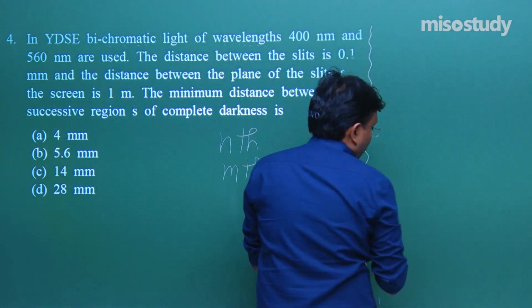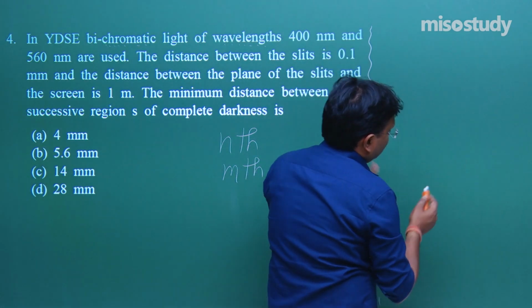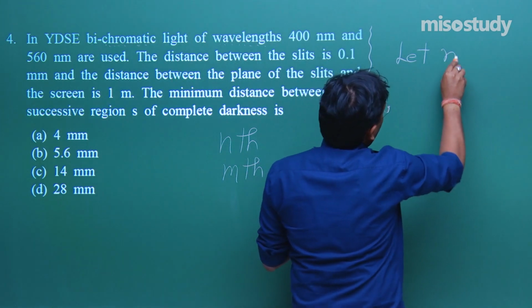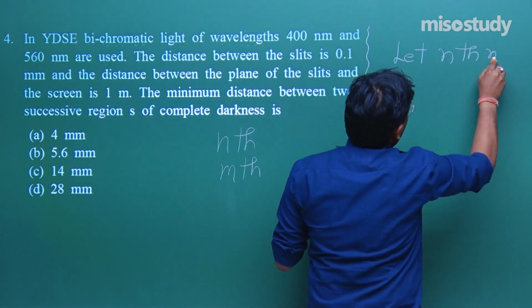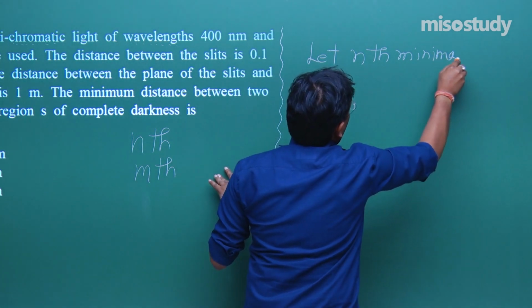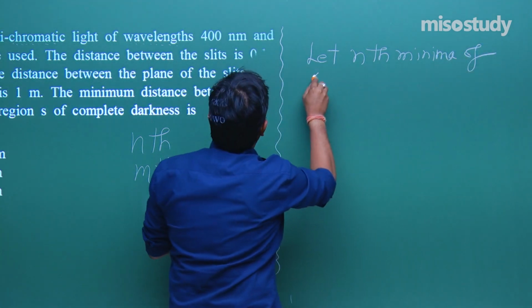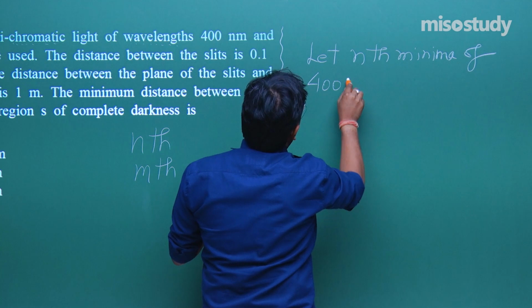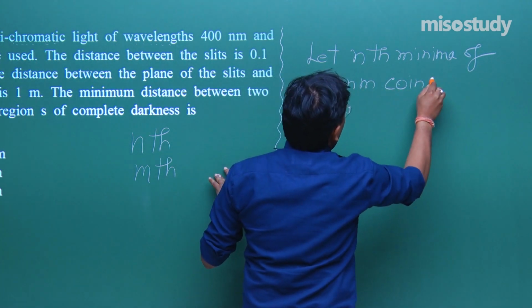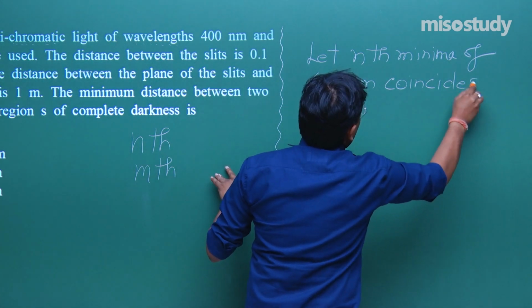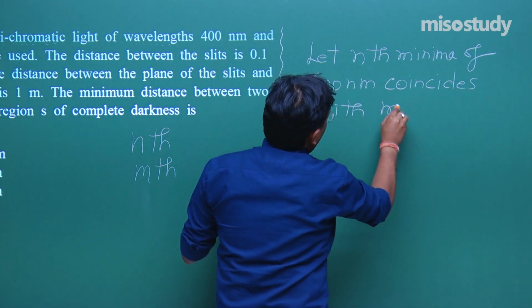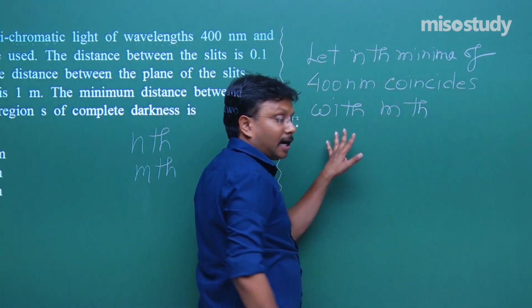So let me write down this relation. Let the nth minima of 400 nanometer coincide with the mth minima of 560 nanometer. This time I will write it down.